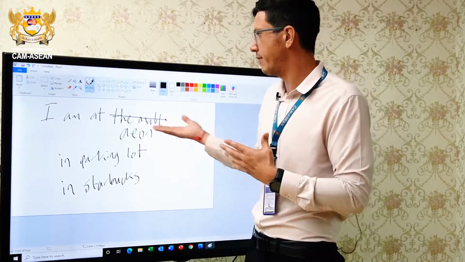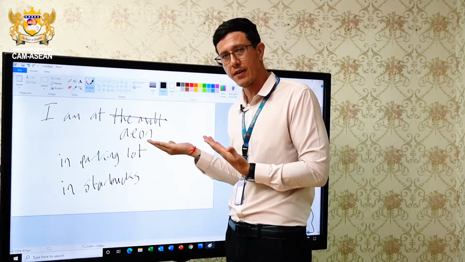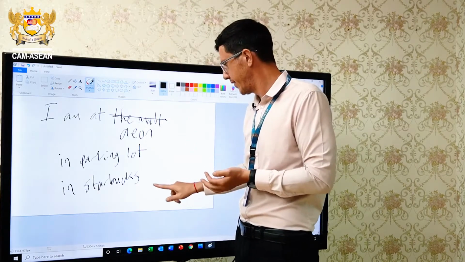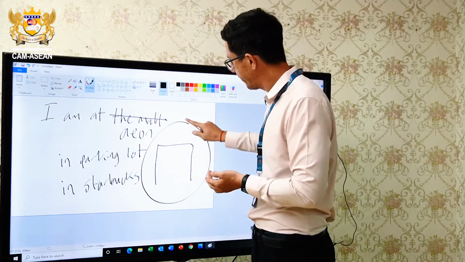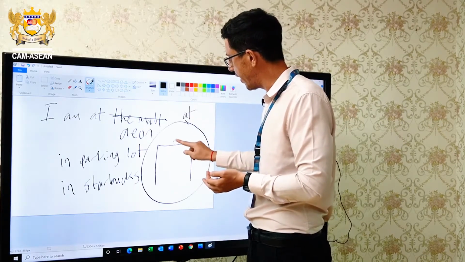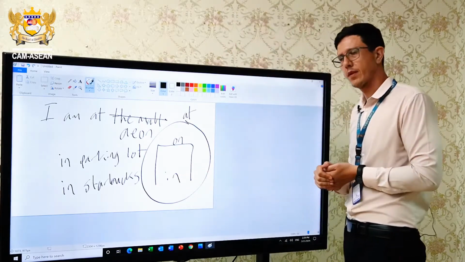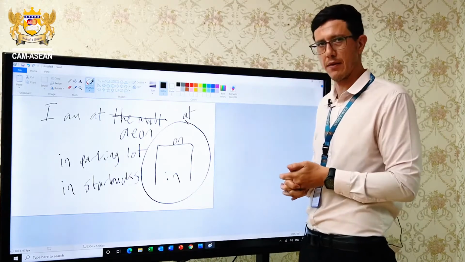Now, I know this is the confusing part because it can be anything. I'm at AEON, I'm in AEON. If I'm on top of AEON, it can be anywhere. So at: specific location; on: touching surface; or in. And it can change depending on what I'm talking about.